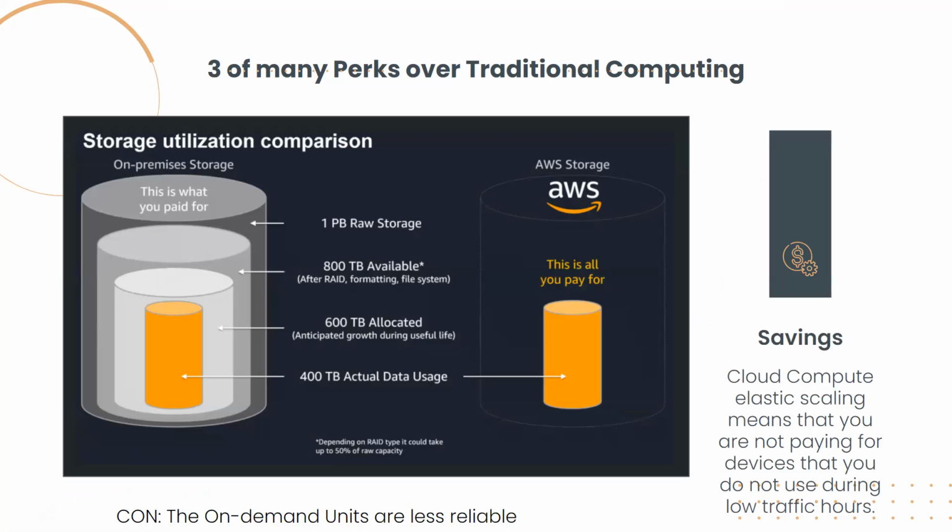And finally, I've been kind of alluding to it in the past few slides here, but the largest benefit of cloud computing over on-premise traditional computing is that the elastic scaling systems that we mentioned as the first perk of cloud computing allow you to essentially only pay for what you use. Whereas in a traditional on-premise server, you would be paying for the power for all of your servers, regardless of how many you use.